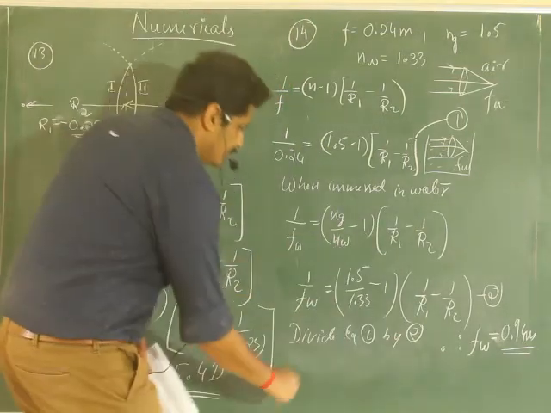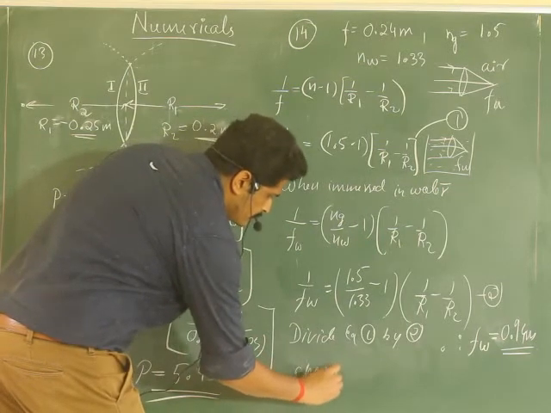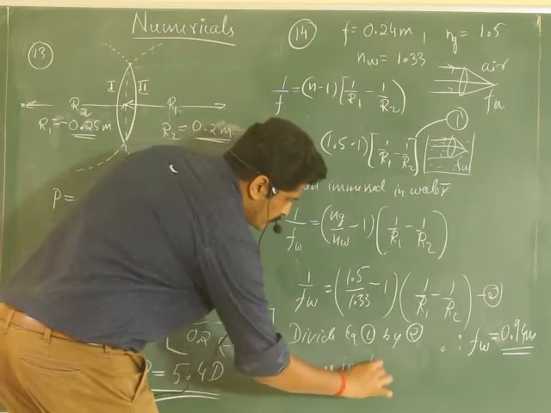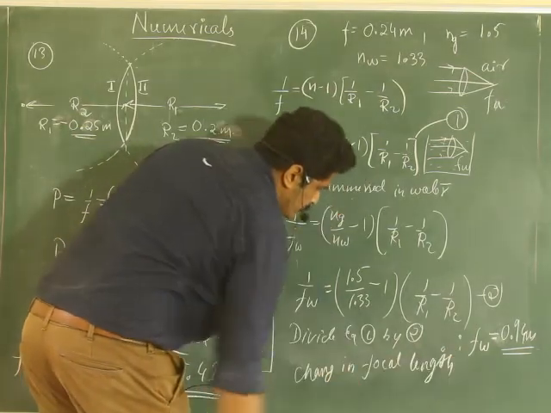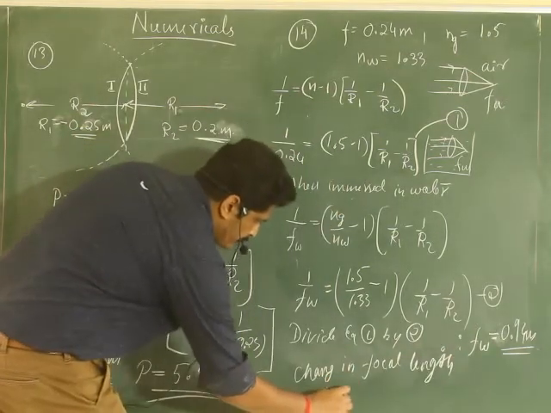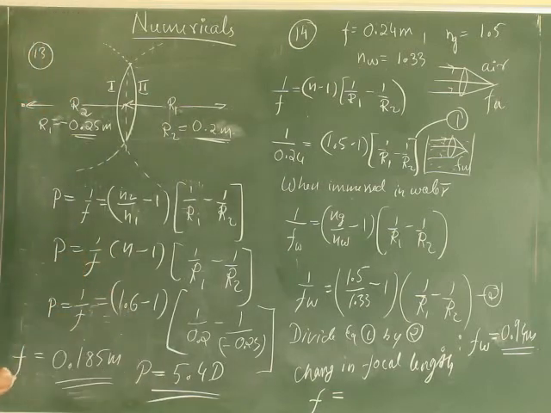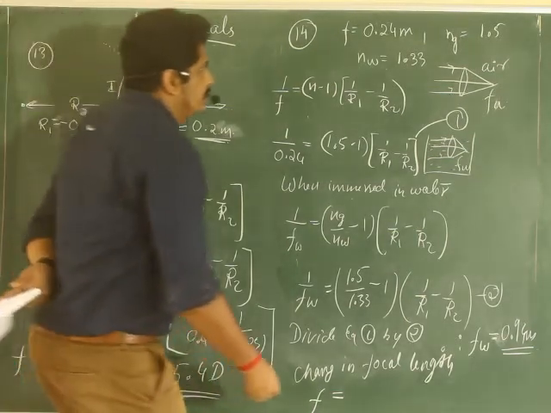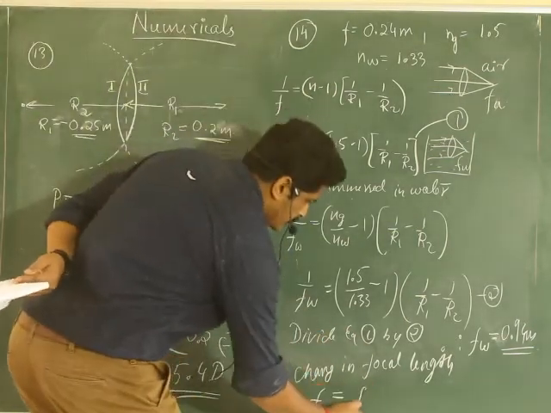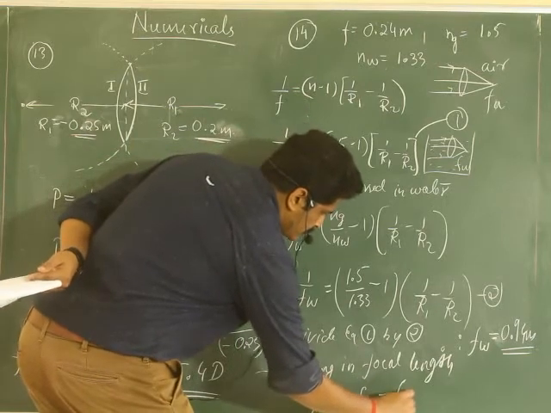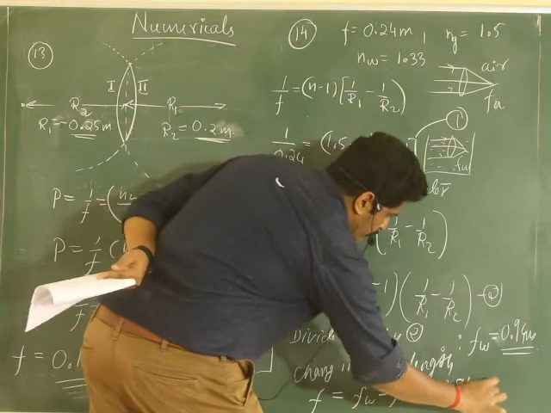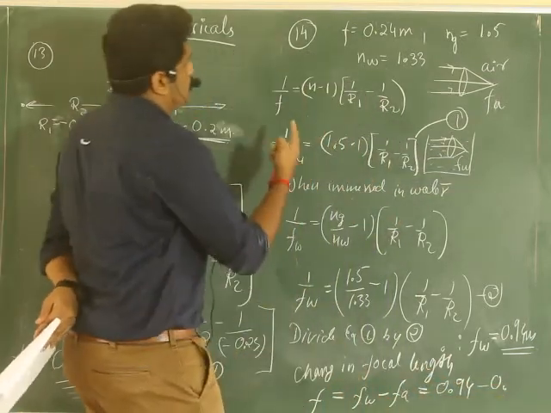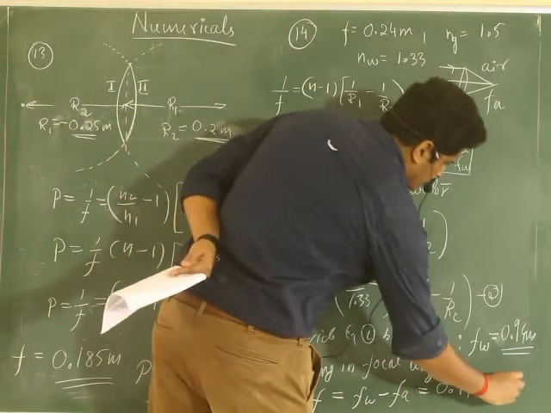So change in focal length F is equal to, yes, what is that? Focal length inside water FW minus FA equal to 0.94 minus 0.24.